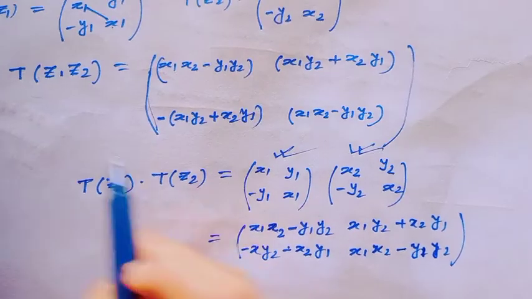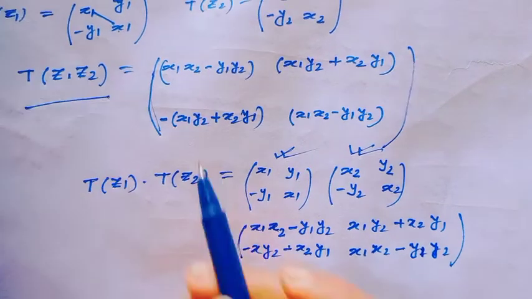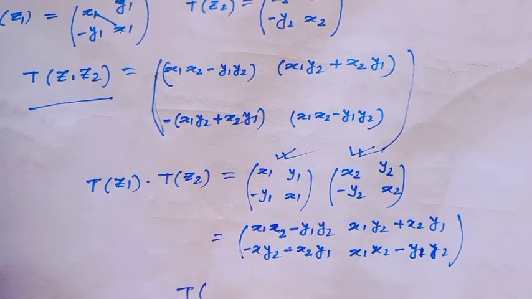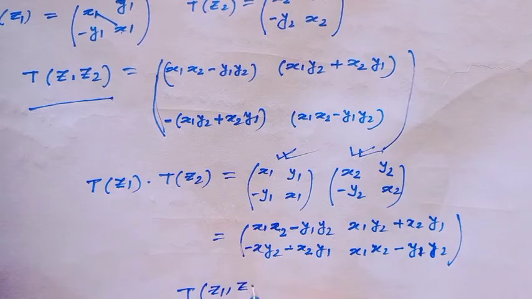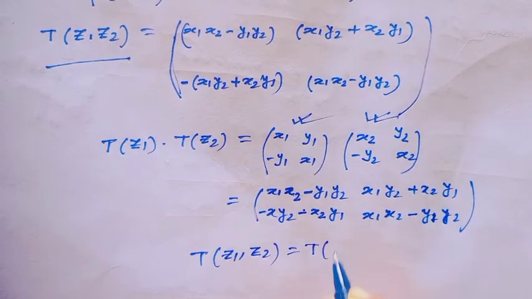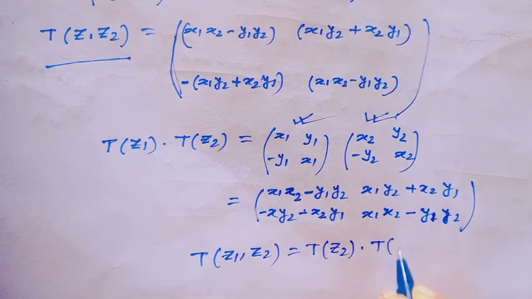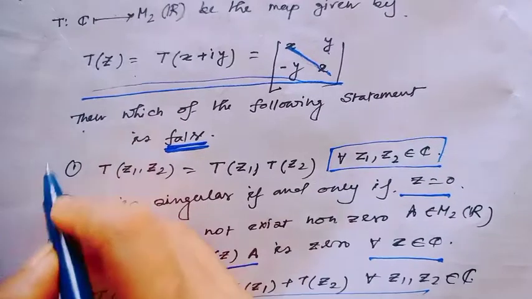Okay, and notice T of z1 z2 is always similar to T of z1 times T of z2. That means option 1 is a right option.